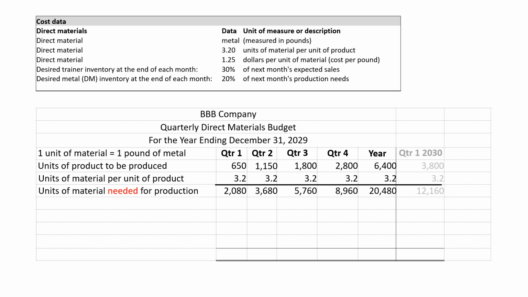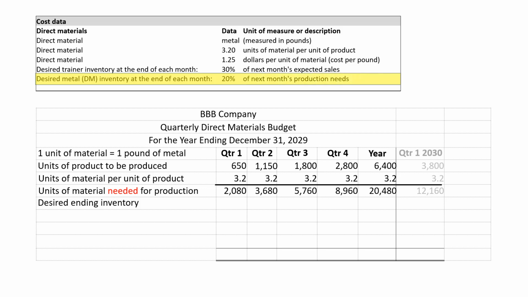Yes, we need 2,080 pounds of metal to produce the 650 stands, but we also want to have some metal left on hand at the end of quarter 1 so we can continue production early in quarter 2. So the next line label is desired ending inventory. Usually, we estimate our desired cushion or ending inventory by taking a percent of next quarter's expected metal needs.